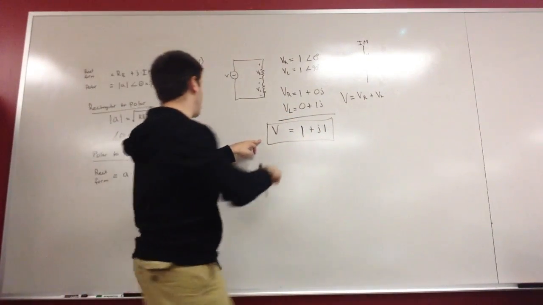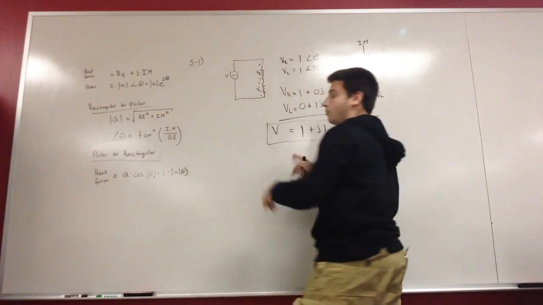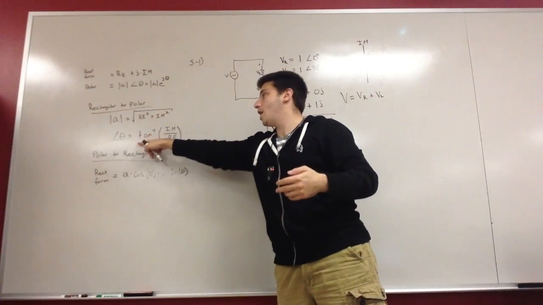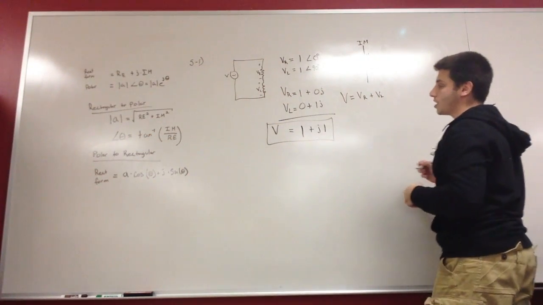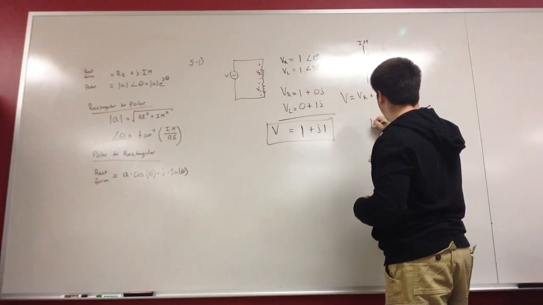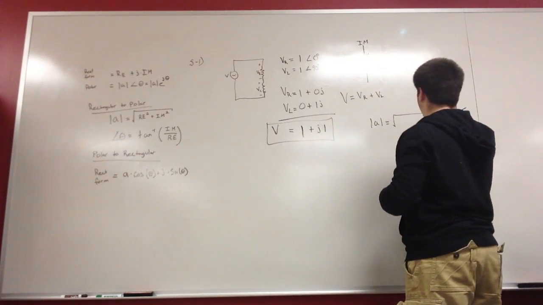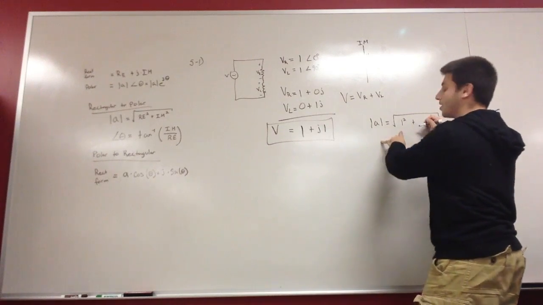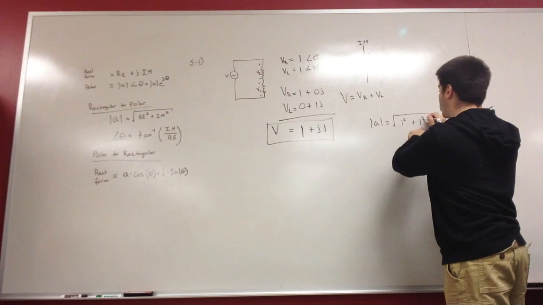Now, using the equation over here to go from rectangular to polar form, the components that we need are our magnitude, which is A, and our phase, or our angle, which is theta. To find the magnitude A, it is equal to the square root of 1 squared, the real component squared, plus 1 squared, the imaginary component squared.